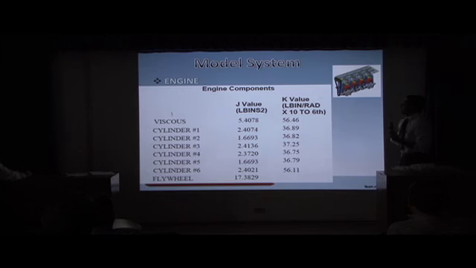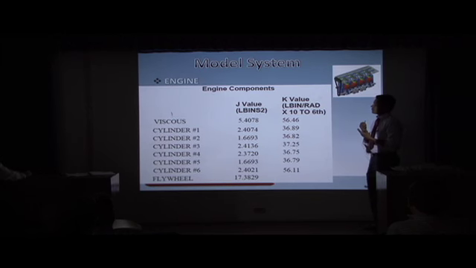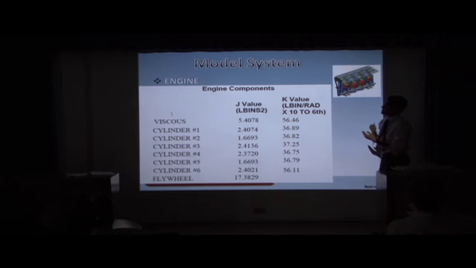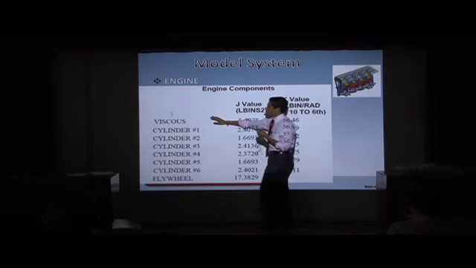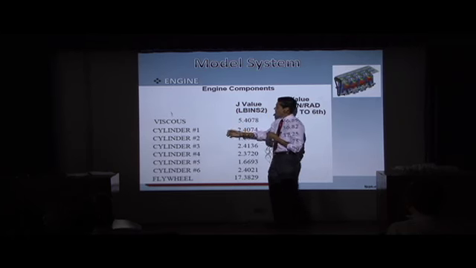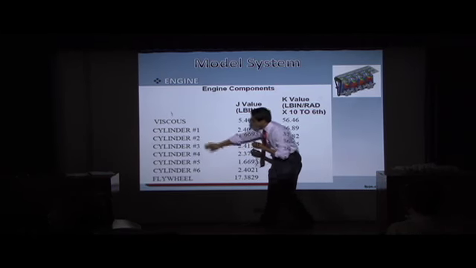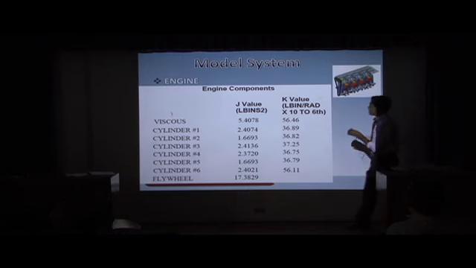So to model the propulsion system as a linear system, we need the inertia of each component of the engine. The components of the engine are the viscous damper, those 6 cylinders, and the flywheel.